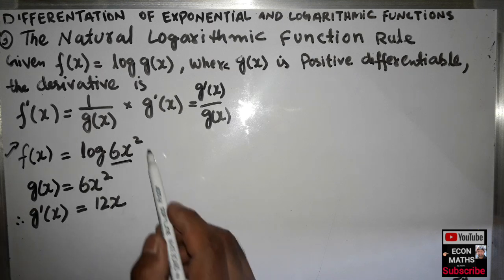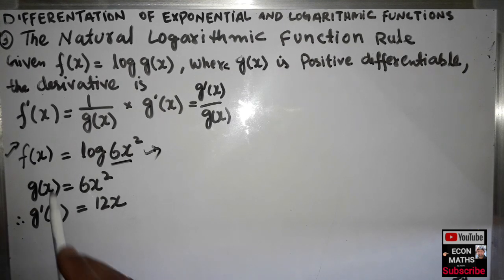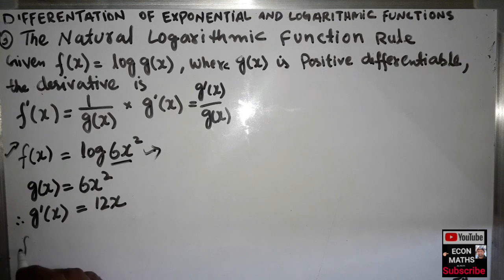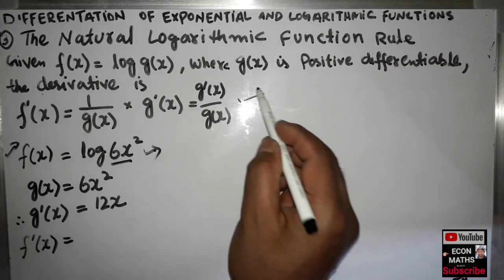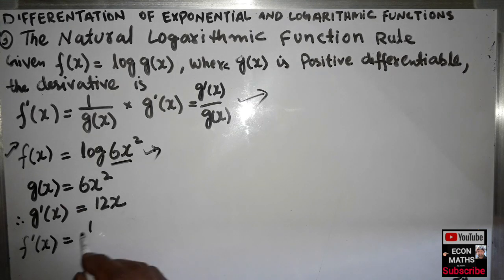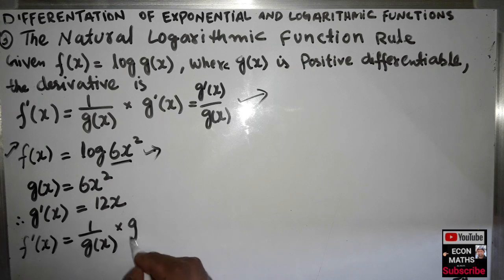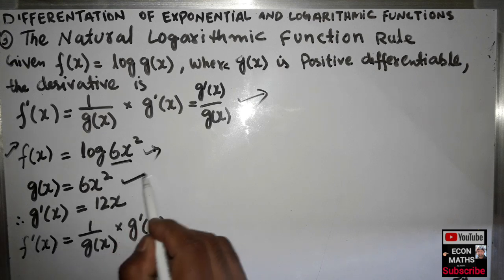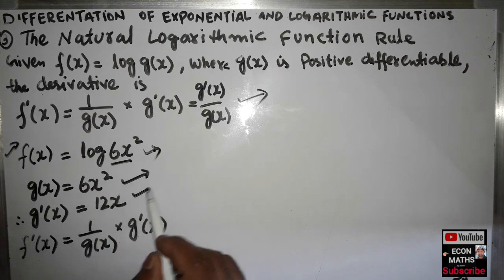Now the derivative f dash x is equal to 1 over g of x times g dash x. Putting the values, g of x is 6x square and g dash x is 12x.